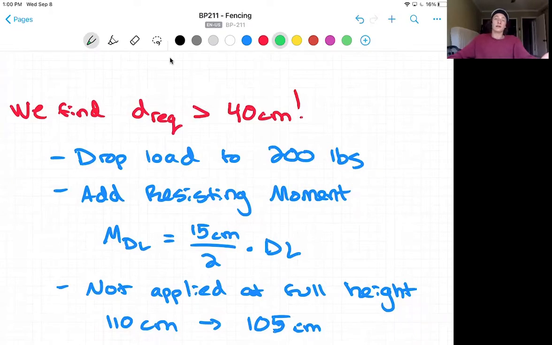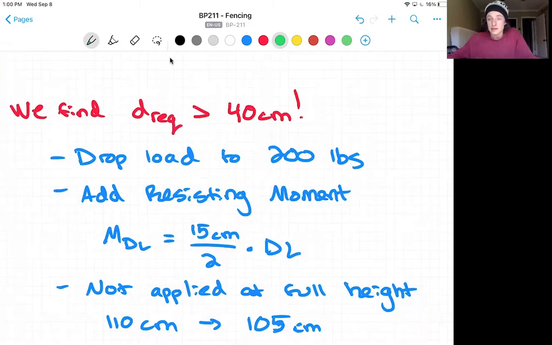So by using some engineering judgment here, and also assuming that this guardrail is not going to be used as heavily as what we think the code probably is designing it for, we can drop this to 200 pounds, which is just our impact force.